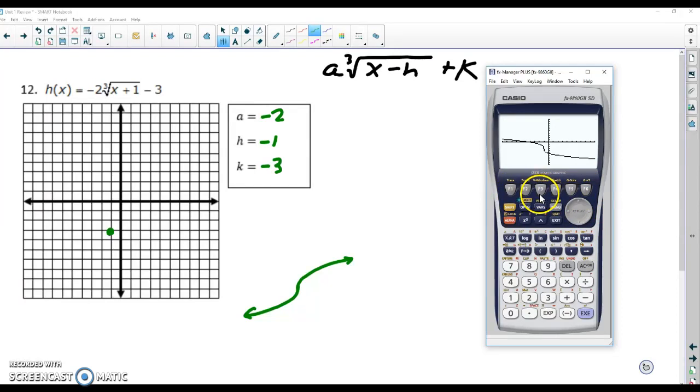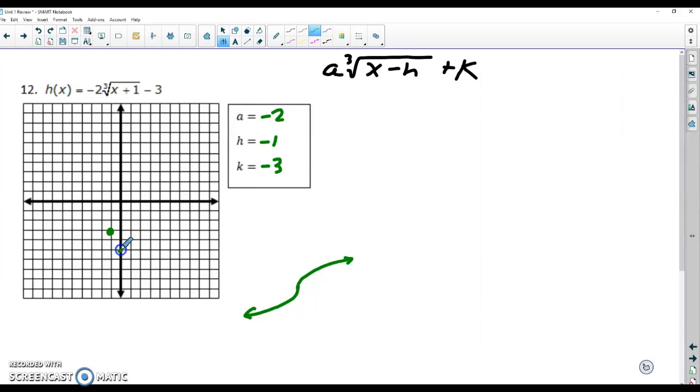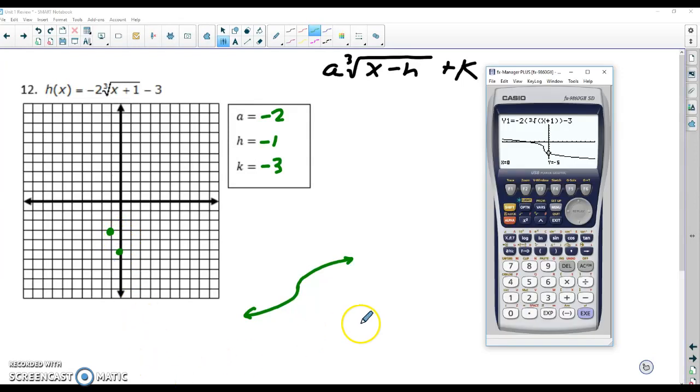Again, we want to stay near the center, so I'm going to hit trace. We know that x is -1 where that starting point is, so I'm just going to go to 0 and see what that does. At 0, it's at -5. So there's a point here. At 1, it looks like there's a point at a decimal, but I'm just going to skip that. I want whole numbers. You can estimate it if you want, but I prefer to graph whole numbers, so I'll go to 2.